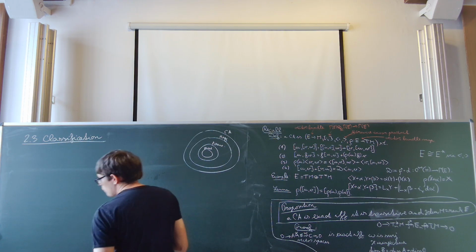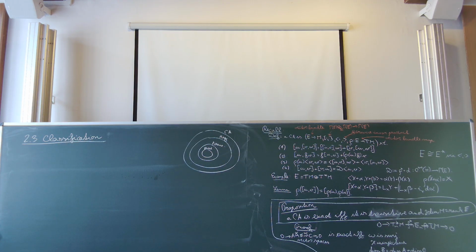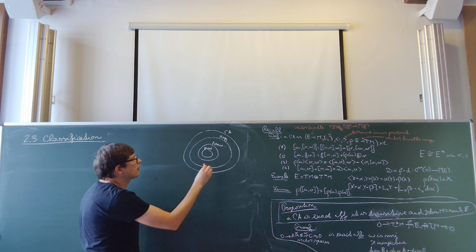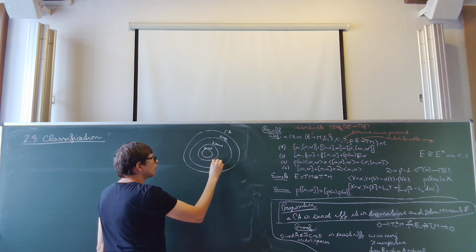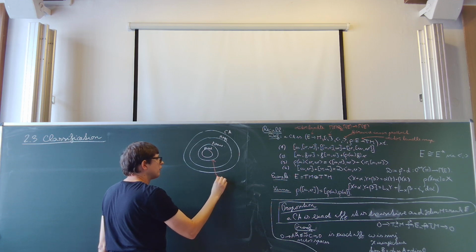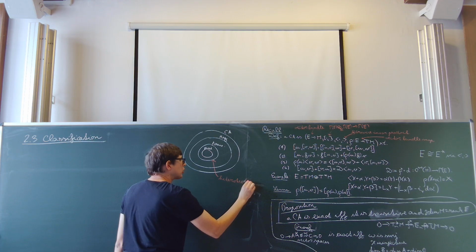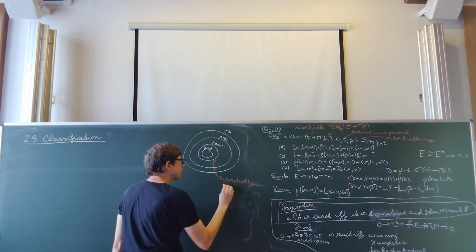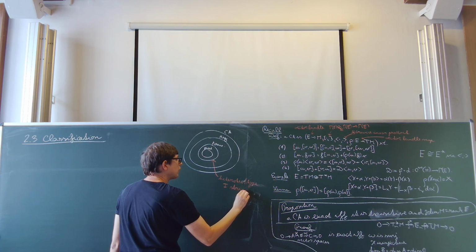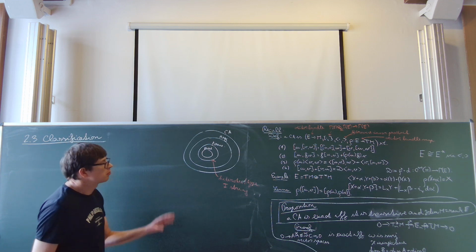And well, depending on what you mean by real world application, if you mean applications to supergravity, for instance, or string theory more generally, then this bubble here is related to heterotic or type 1 string.